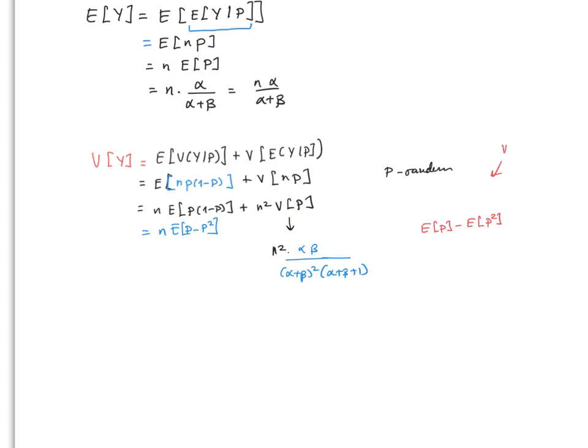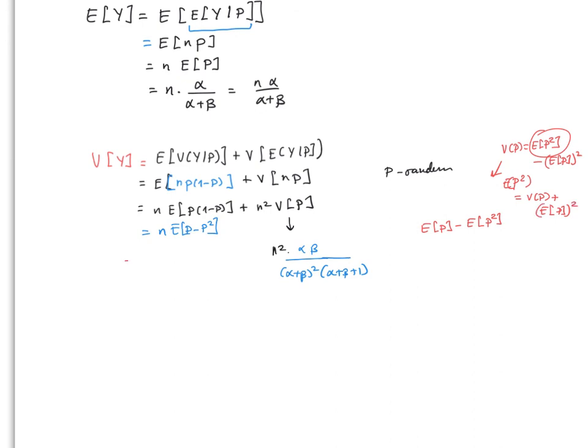But remember that the variance of p is the same thing as the expected value of p squared minus the expected value of p, the whole thing, squared. So therefore, if you solve for the value here, that means the expected value of p squared is equal to the variance of p plus the expected value of p, squared. We have used this before, so this is not the first time we use this formula.